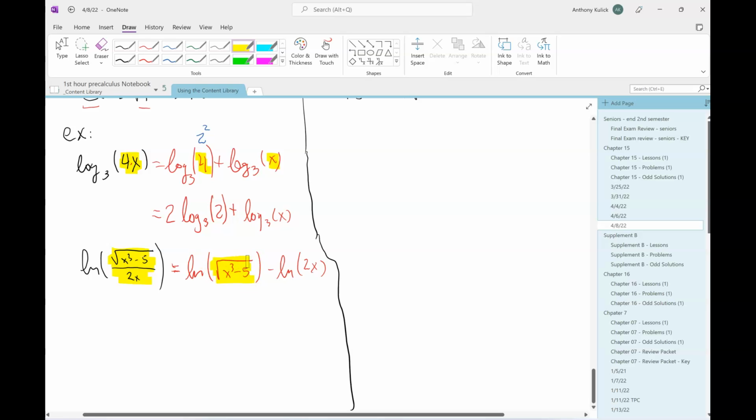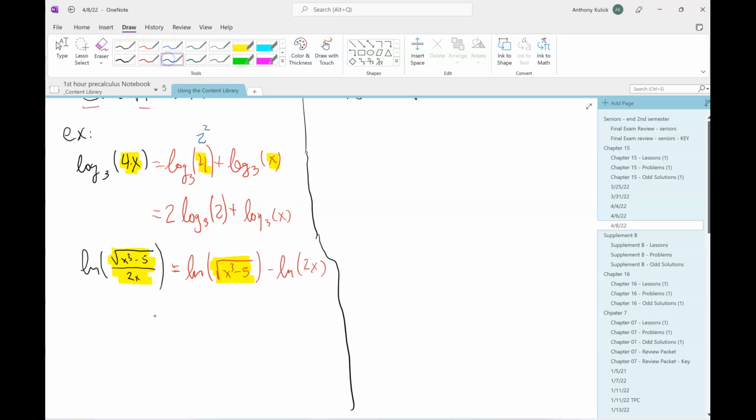So let's look at the first logarithm that we have now. So we start over. Any quotient property you see in the natural log of the square root of x cubed minus 5? No. Product? No. Power? Look closely. The square root is a power. What power is the same thing as a square root? A half.